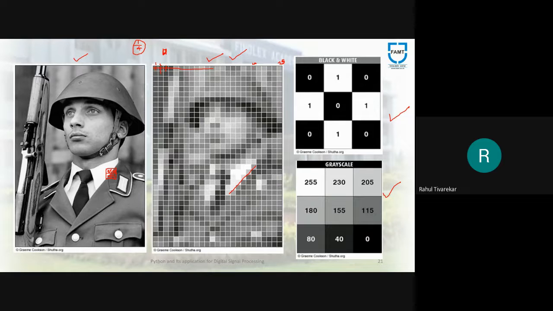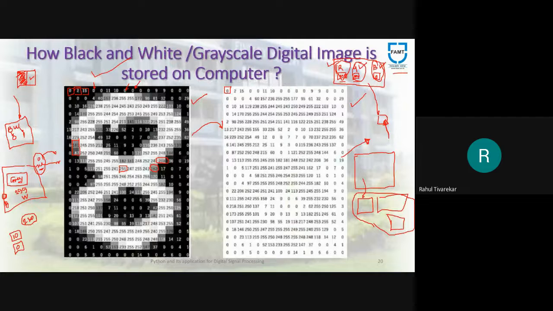Okay, the definition of resolution and its different types we will see later in detail, but this is just an overview. One more thing that I want to tell you is, when an image is represented like this, the first pixel is called the pixel at origin, like how we represented vertical and horizontal axes while sketching a signal.